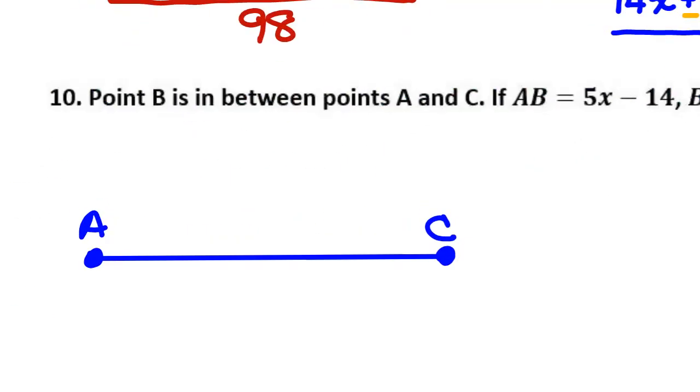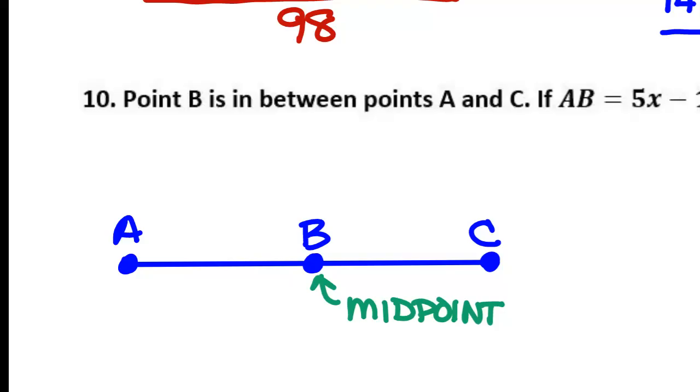Right in the middle. Does anybody remember what we call the point that falls right in the middle? The midpoint. Fantastic. And because B is the midpoint, we know that AB and BC are the same size because they told us that. We're going to mark that with some congruence marks.